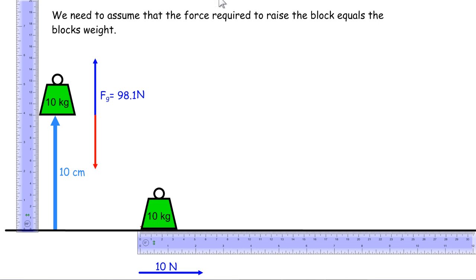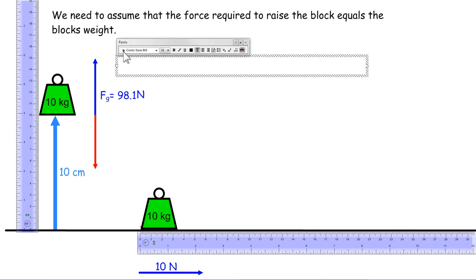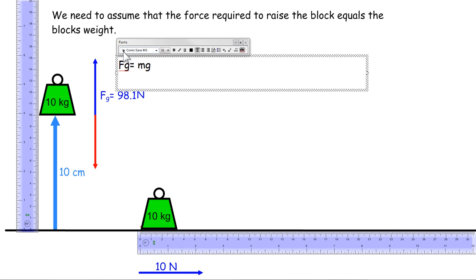Well, we know the equation for weight: the weight, or F sub g, equals mass times gravity. So it's mass times the free fall acceleration, or the acceleration of gravity. And then we also notice that in the original scenario, the total energy, which was potential energy, equals mgh, which equaled the amount of work, or the amount of energy I transferred into the system.